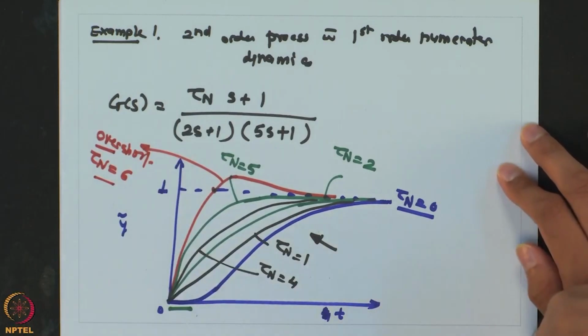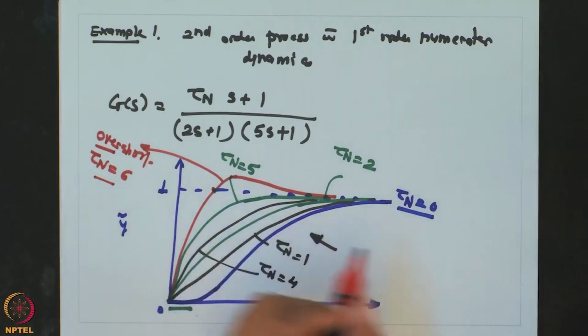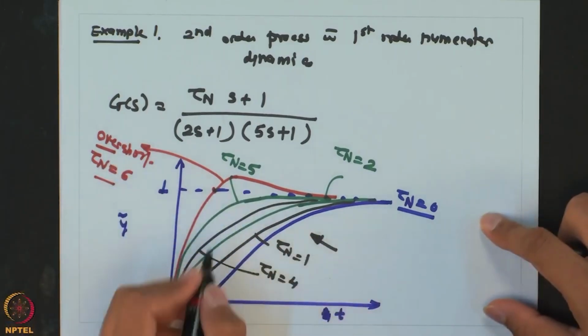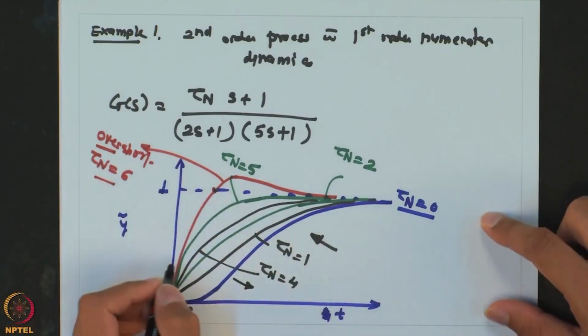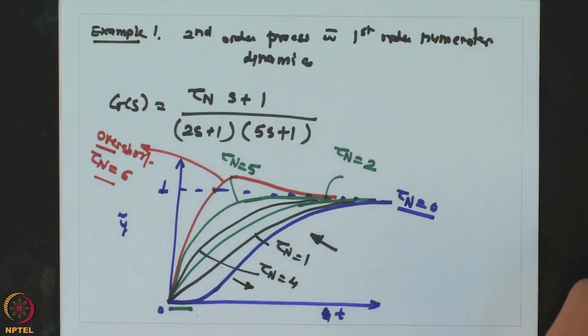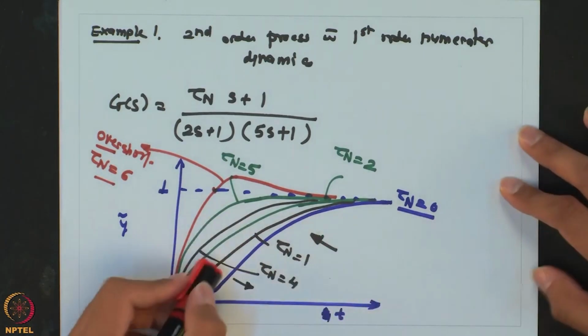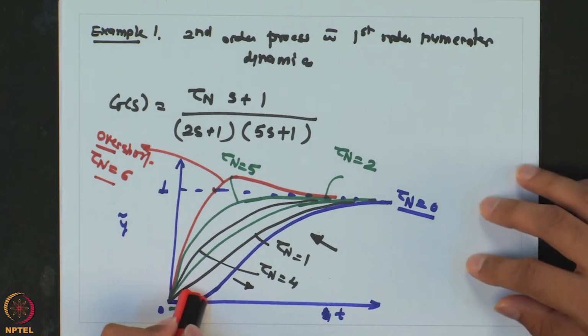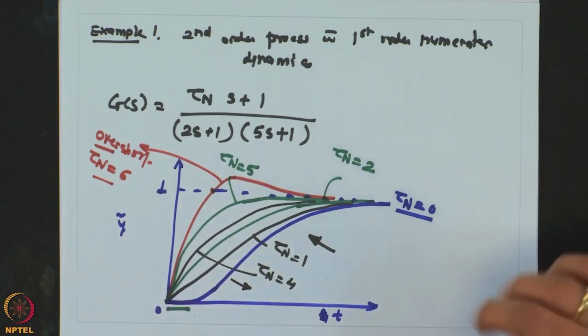The other case would be, what if we move in the other direction? So, instead of moving in this direction, we start moving in the other direction and try to reduce tau n below 0. So, let us say if tau n is negative, then the response is going to move in this direction. It has already reached a value where it is almost flat on the x axis.